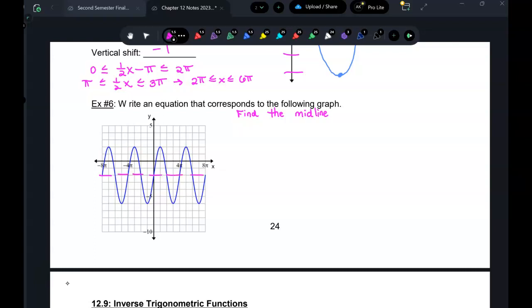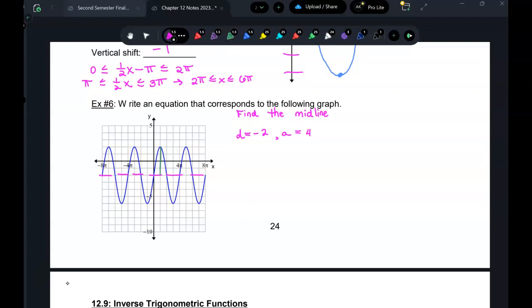That means D is -2. What about the amplitude? What's A equal to? How much does it go up? It goes up 1, 2, 3, 4, and it goes down 4. So A is 4.